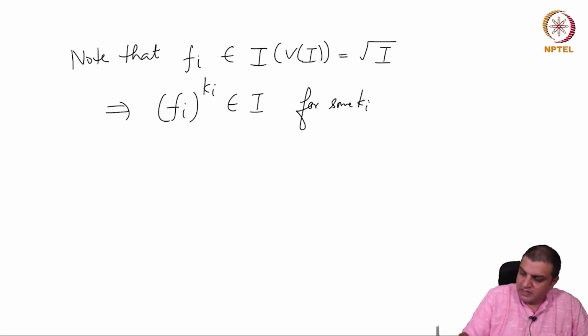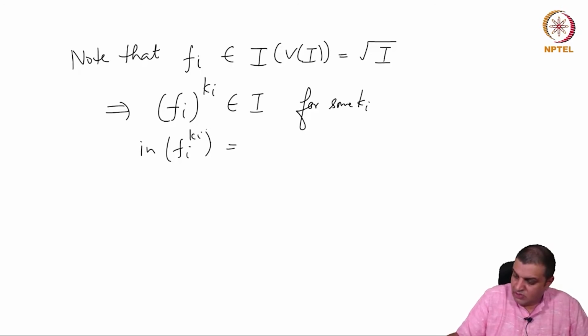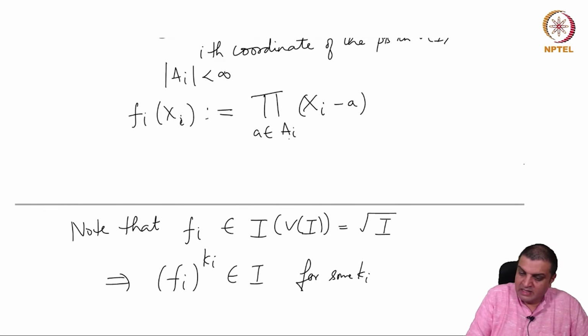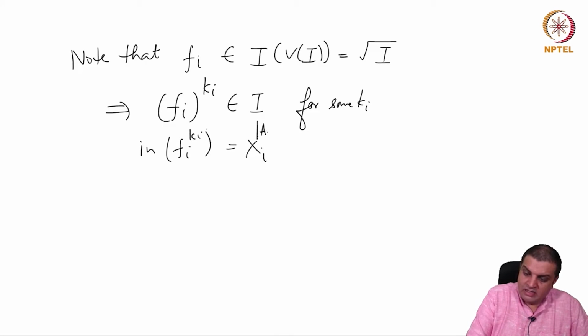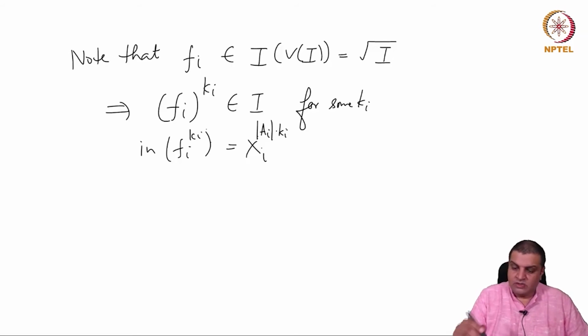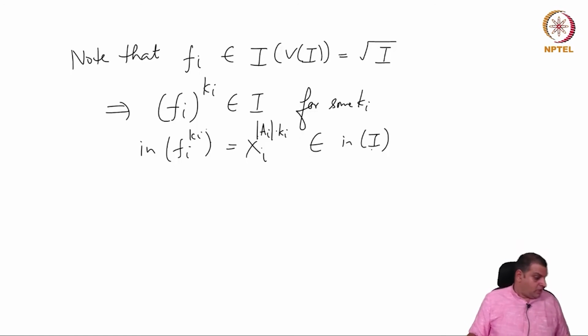But what does Fi to the Ki look like? The degree of Fi is the cardinality of Ai, and raised to the Ki, the initial term would be xi to the cardinality of Ai times Ki. And this is inside the initial ideal of I, and this is true for every i. So this proves that 1 implies 2.